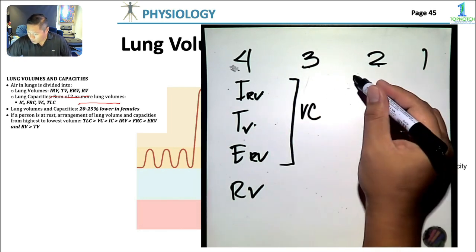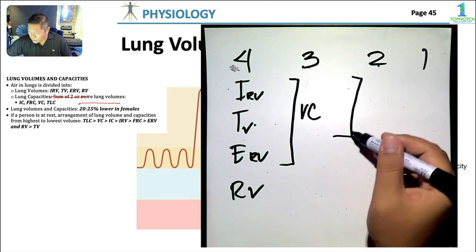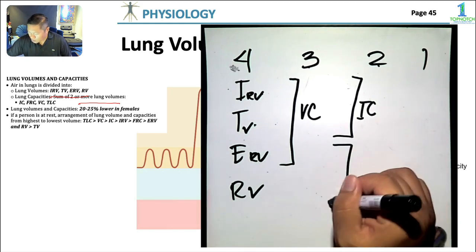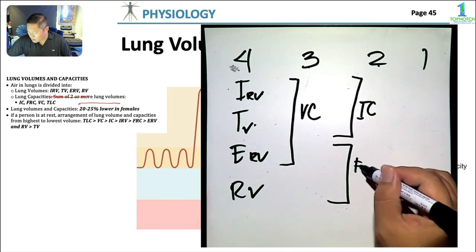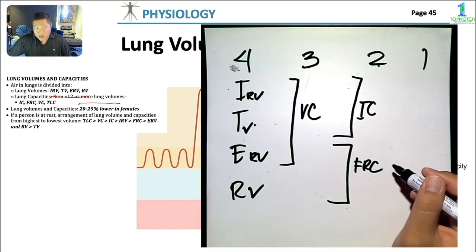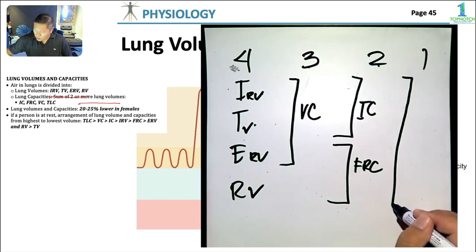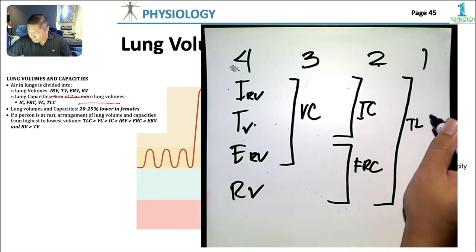Okay. You have 4 lung volumes. The sum of the upper 2 is called your inspiratory capacity. The sum of the lower 2, ERV and RV, that's your functional residual capacity or FRC. Okay? And then finally, the sum of them all 4 lung volumes, is your TLC.